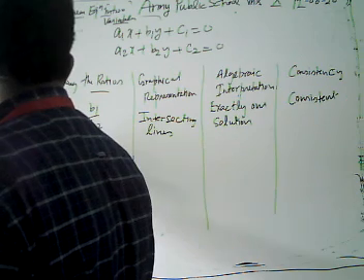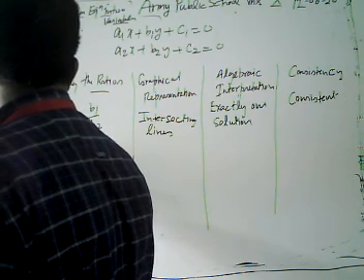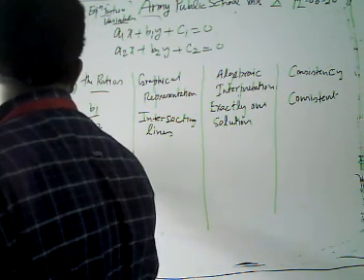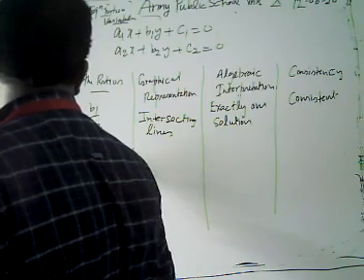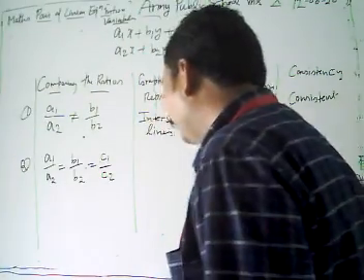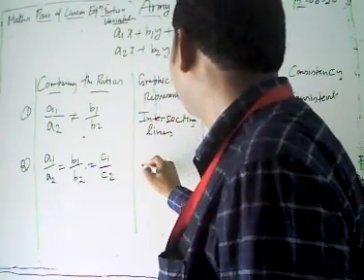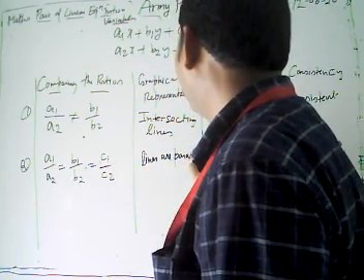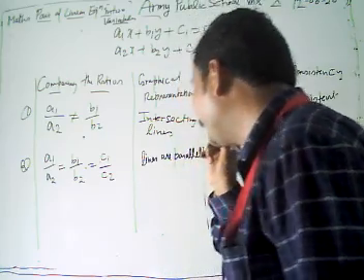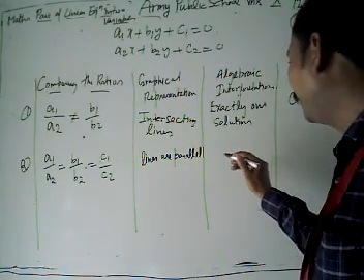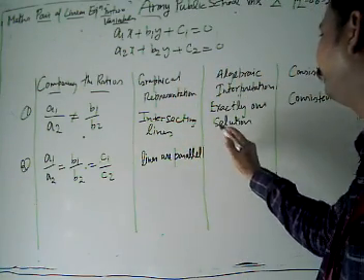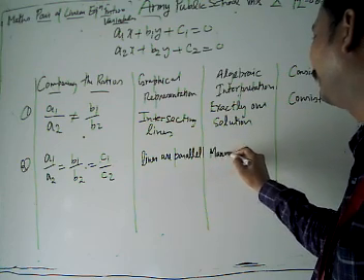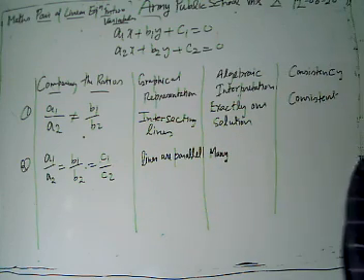When we have the condition a1 by a2 equal to b1 by b2 equal to c1 by c2, what will happen? Our lines are parallel to each other.